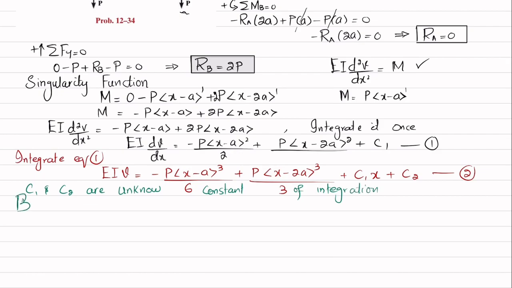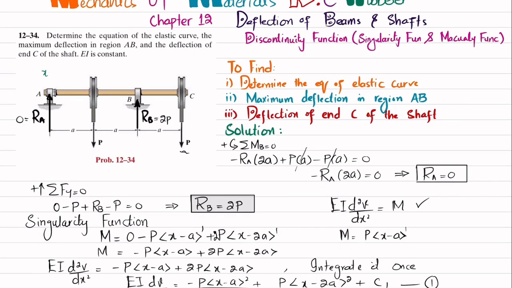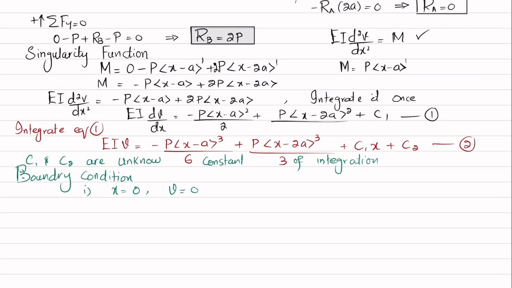So the boundary conditions are: the first boundary condition is that at x equal to 0, the deflection is equal to 0. Let me show it first. Here you can see at point A, x is equal to 0, so the deflection will be equal to 0. So we will put it in equation number 2, which is the equation of deflection.